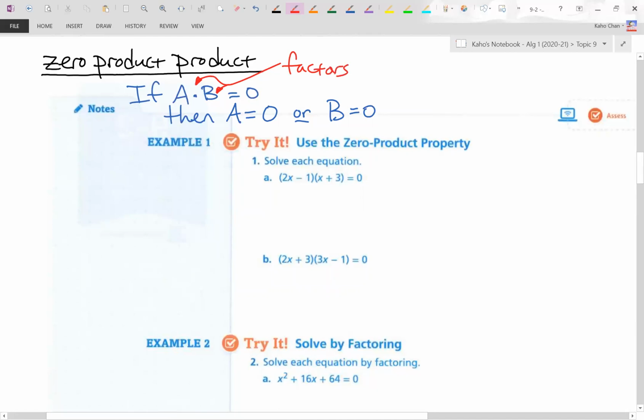Now, in this case, with quadratics, the factors are binomials, so keep that in mind. Why are we doing this?